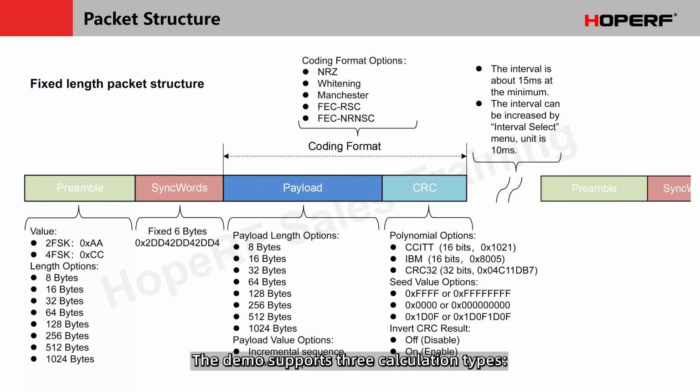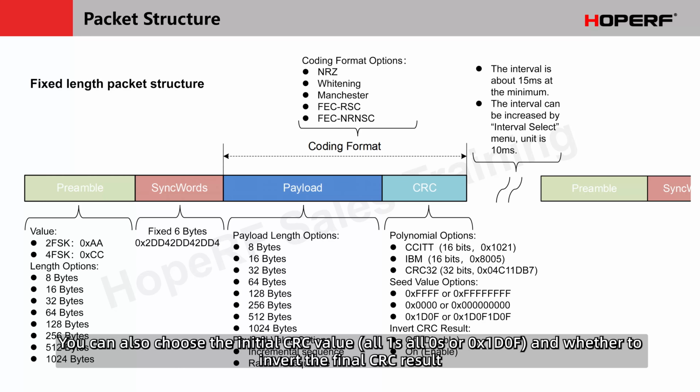CRC. The demo supports three calculation types: CCITT CRC16, IBM CRC16, and the CRC32 defined by IEEE 802.15.4g. You can also choose the initial CRC value, all ones, all zeros, or 0x1D0F, and whether to invert the final CRC result.